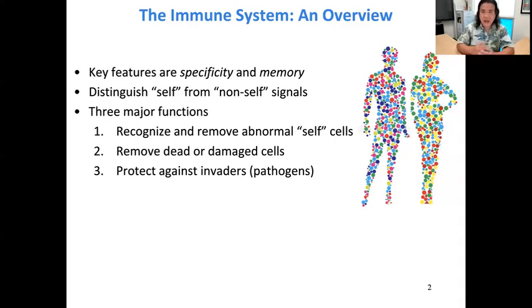That represents a relatively rare encounter for a given immune cell compared to the multitude of normal cells in your body that it's encountering all the time. Right? So the first one here, recognizing and removing abnormal self cells, hopefully you can already realize, yes, that is the link that we're talking about here between the immune system and cancer cells.